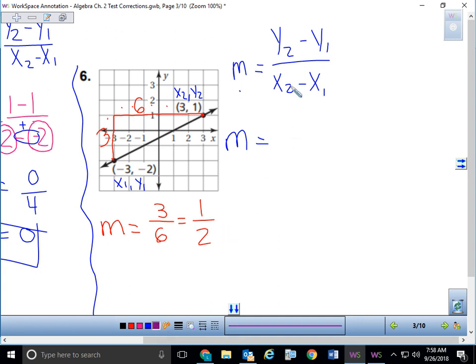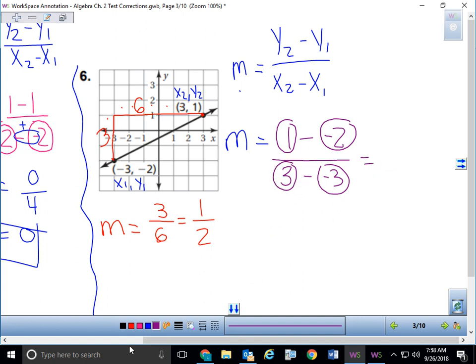Plugging in our numbers, y2 is a positive 1 minus y1 is negative 2. That's why, again, the glasses method keeps everything organized. Your glasses, the subtraction signs, the bridge of that goes on your nose. X2 is 3 minus x1. Oh, another negative. It is 3 minus negative 3. Again, I'm going to put that in my little glasses so I don't lose anything.